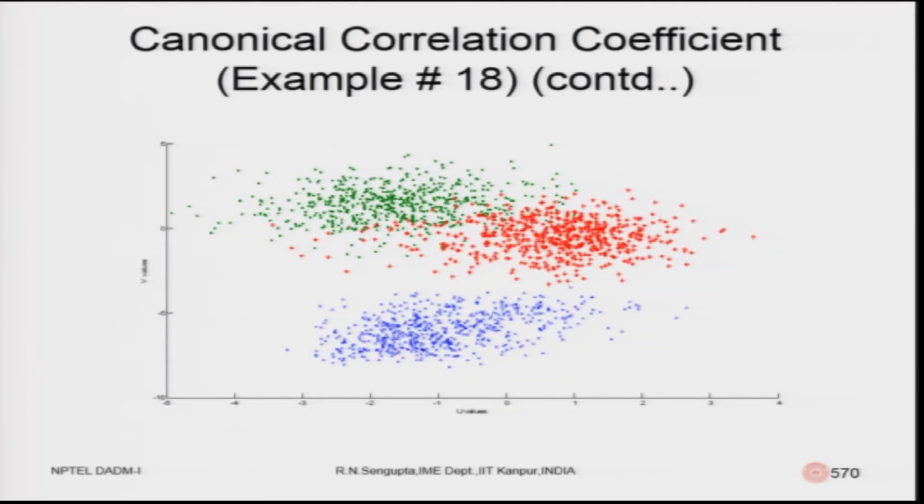The blue set, I will just use the highlighter, is the maximum set, and the green one has a less steep slope, and the red one is always almost equal to 0.